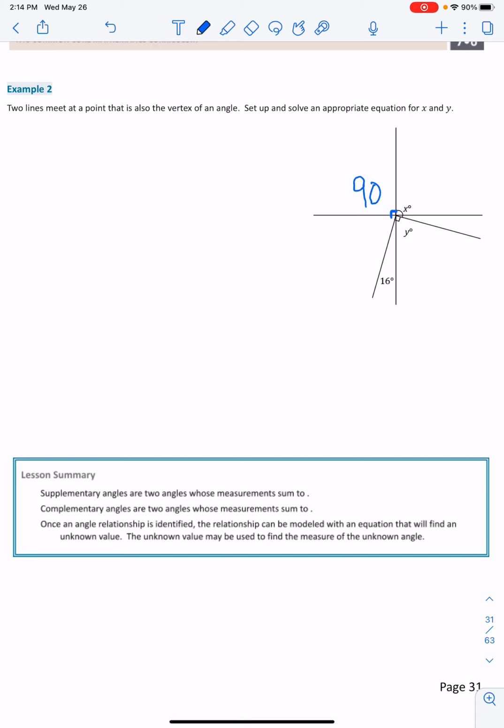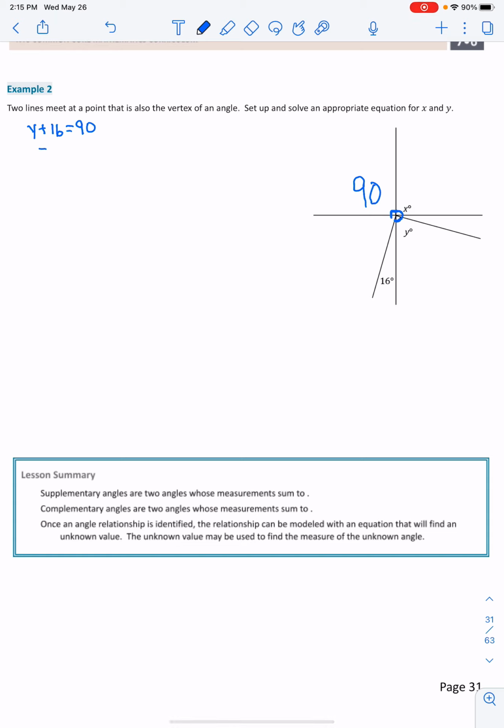So I'm going to leave that. But notice here, x goes past this 90 degrees, so it's more than 90 degrees. So what I do have to do is find y first. Notice we have our box here for 90 degrees. So we can find what y is, because y plus 16 will equal 90 degrees.